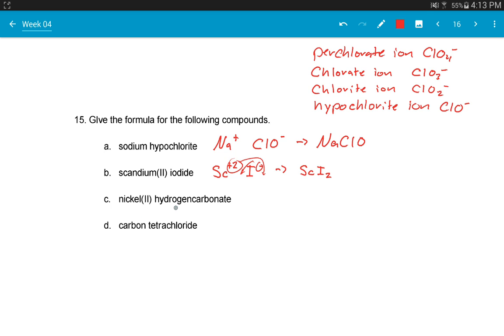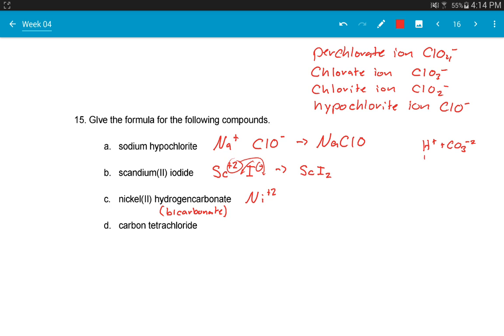We have nickel-2 hydrogen carbonate. Your book often refers to this as bicarbonate. I tend to stick with the more formal IUPAC, which would call it hydrogen carbonate. So the nickel-2 would be nickel with a +2 charge, and the hydrogen carbonate is the same as an H+ and our carbonate of -2.